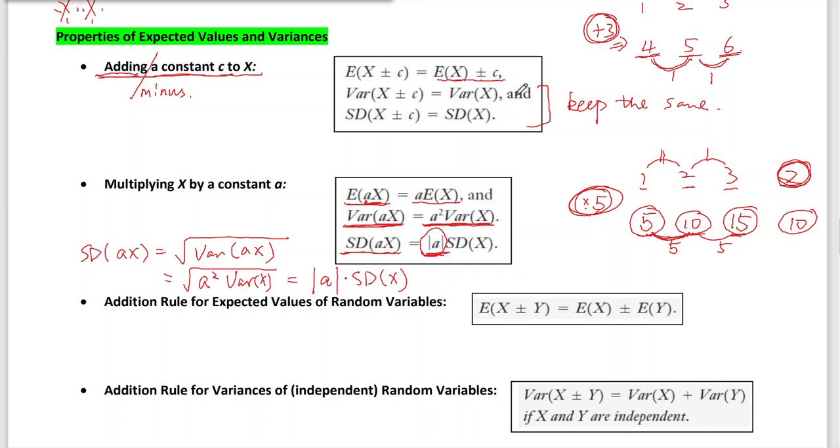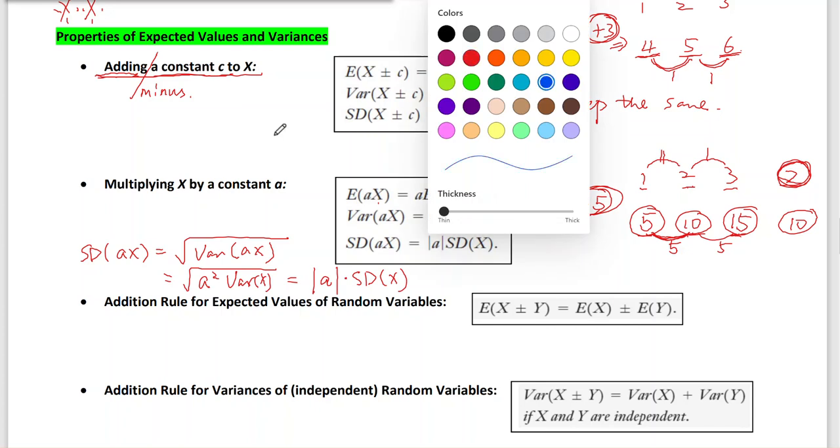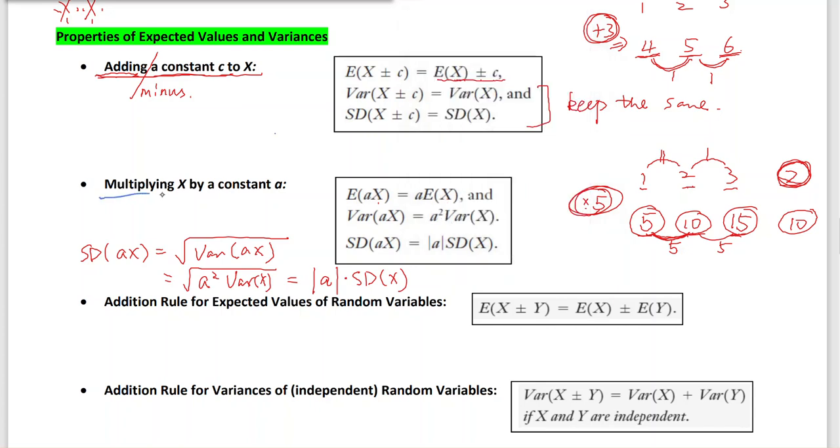Right, so now let's make a summary of the multiplication case. If we multiply X by a constant A, then the expected value of AX will be A times the expected value of the original X. The variance of AX will be A squared times the original variance.